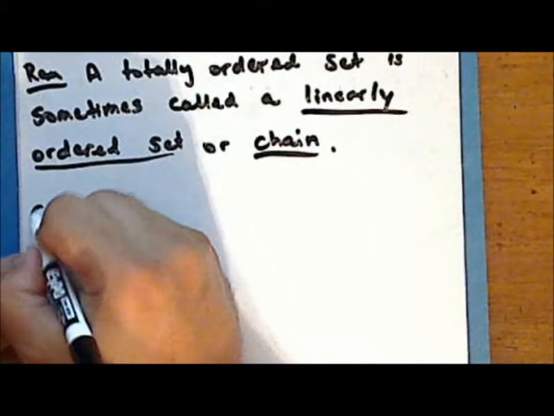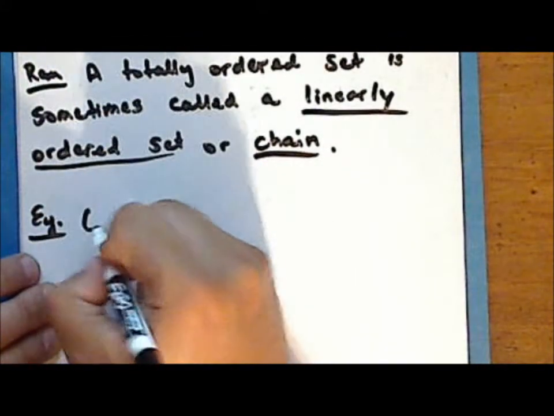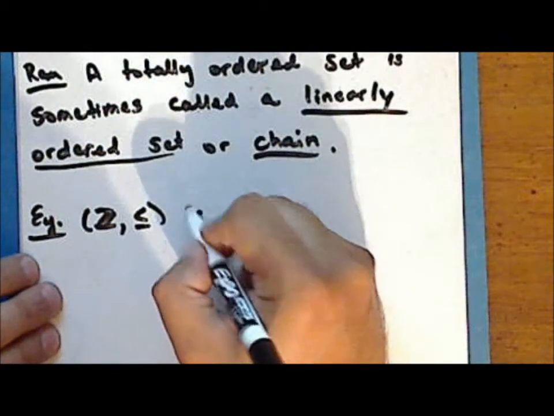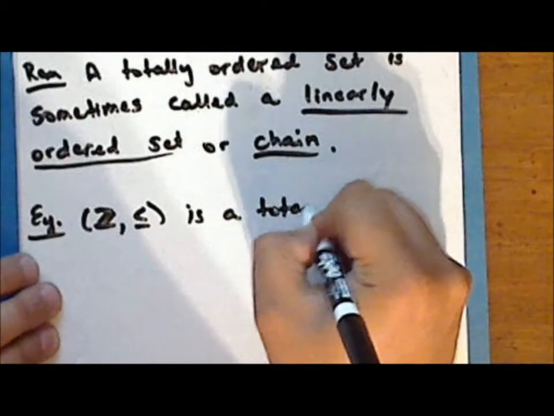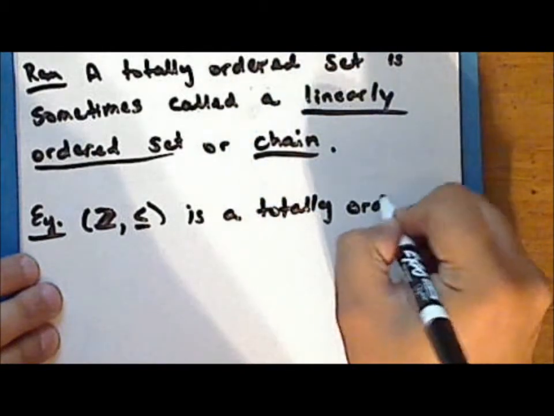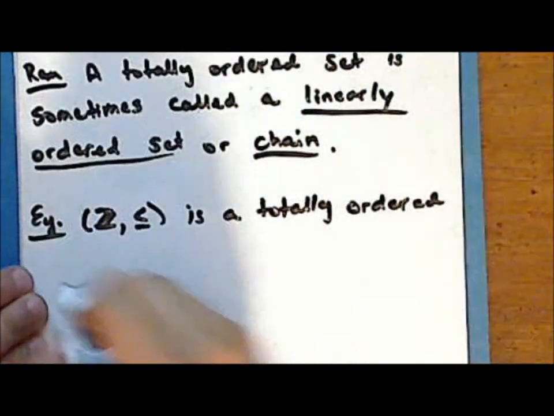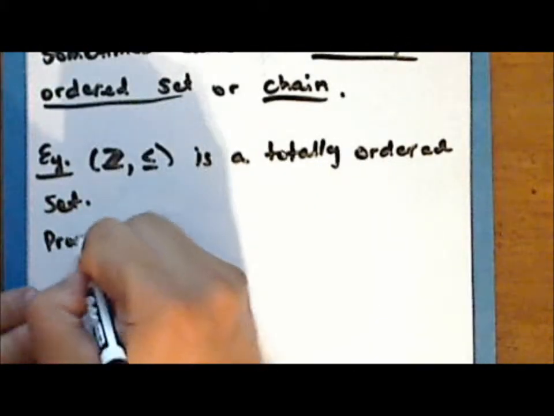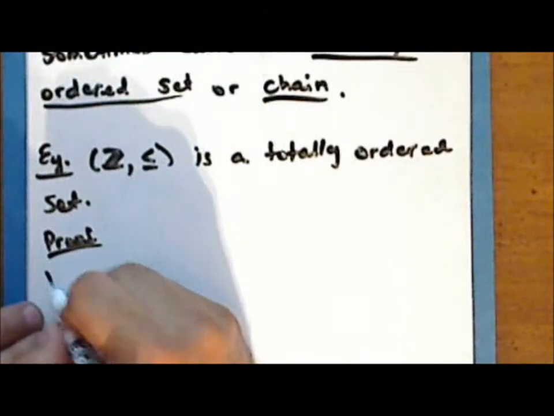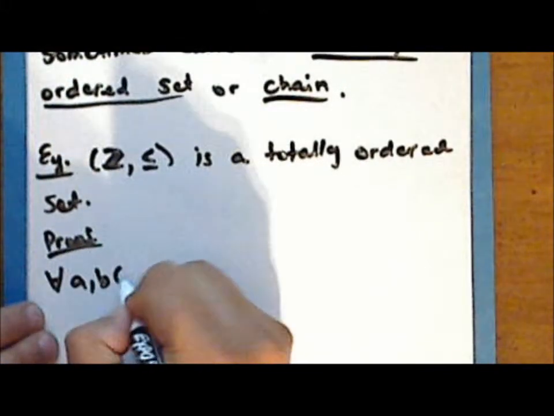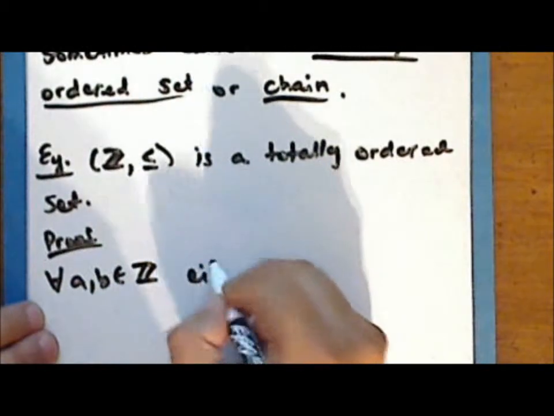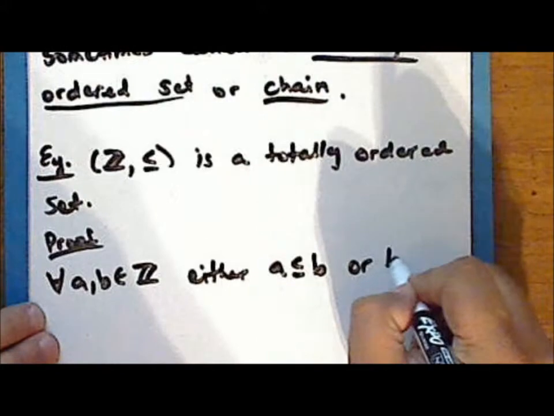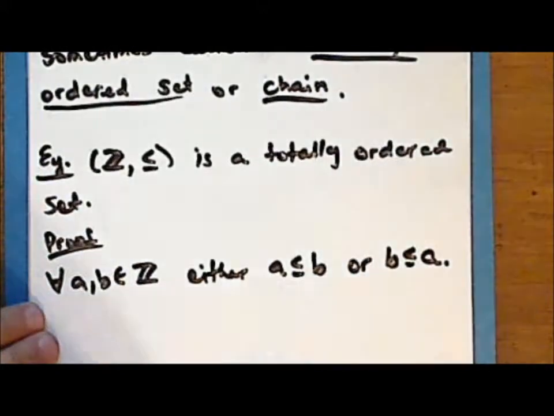So as an example, we will show that the set of integers together with the relation less than or equal to is a totally ordered set. So proof: for every pair of integers a and b, either a is less than or equal to b, or b is less than or equal to a.